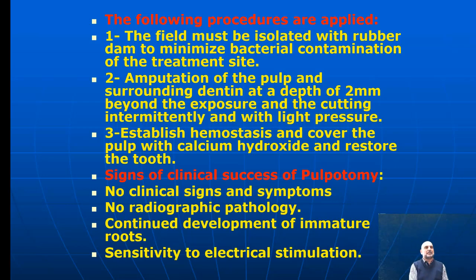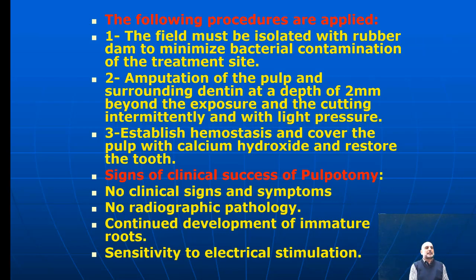So we can cut it by light pressure, maybe with a turbine. Establish hemostasis, cover the pulp with calcium hydroxide and restore the tooth. Stop bleeding and put the calcium hydroxide, then we can restore the tooth.